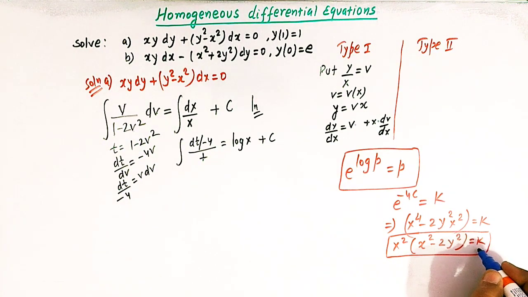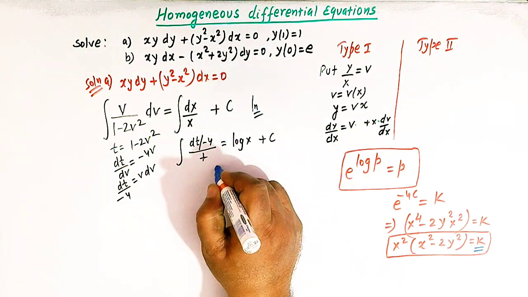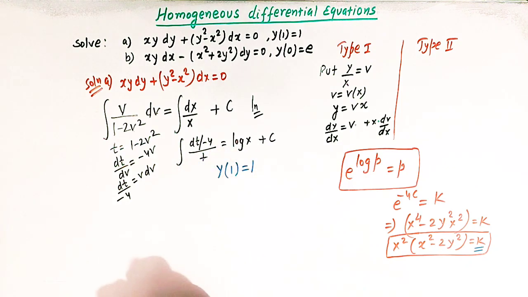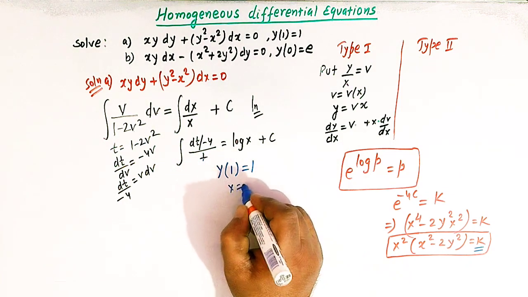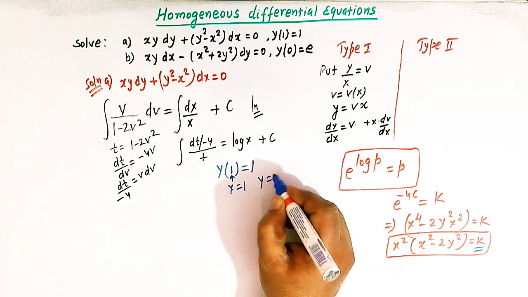So now to get the value of the constant of integration k, we will make use of the boundary conditions. So the conditions are y of 1 is equal to 1, right? So when x is 1, y is 1.